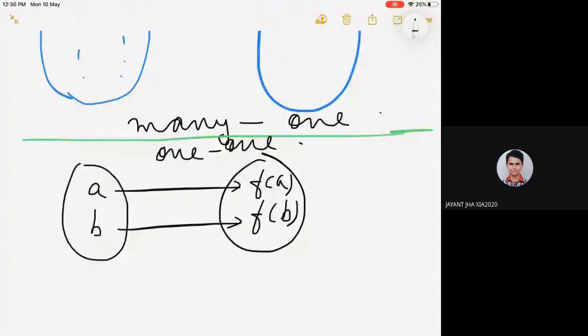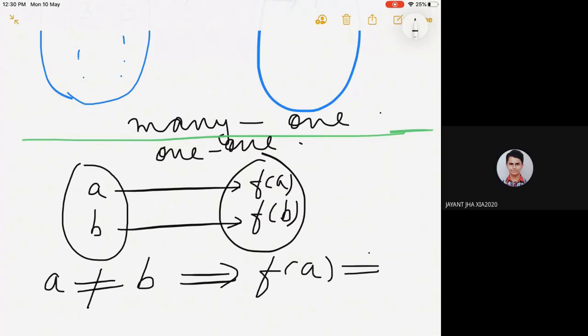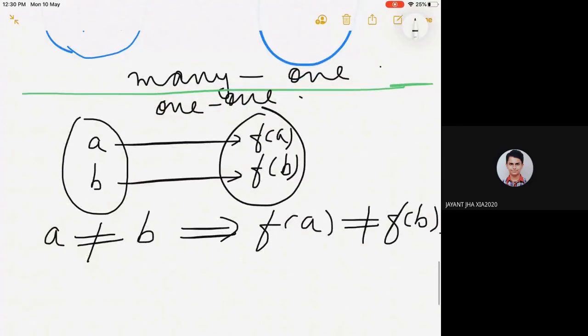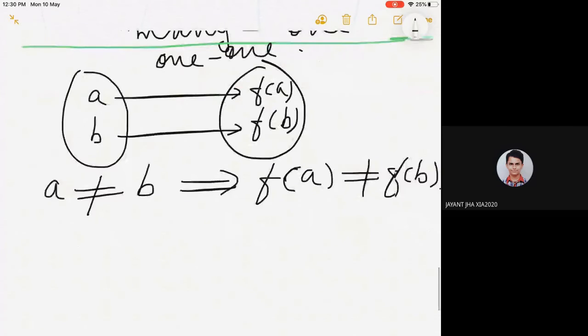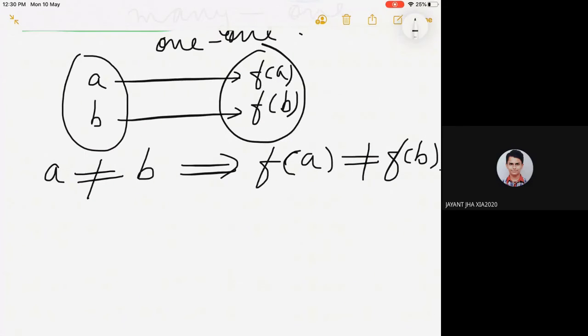This is the actual definition: when A not equal to B implies f of A not equal to f of B. But this algebraic expression, not equal to, is very difficult to handle sometimes. You are familiar with equality.